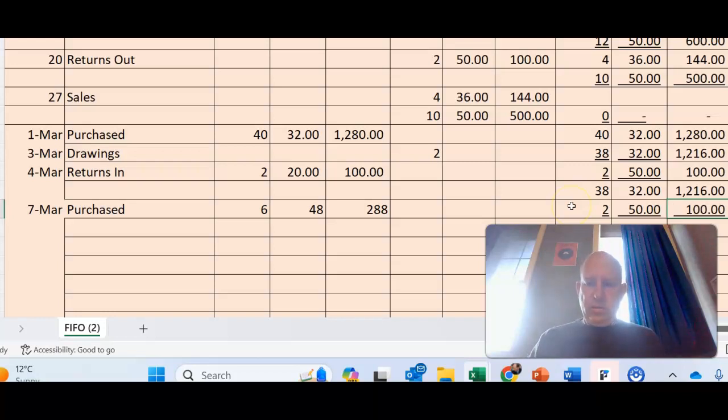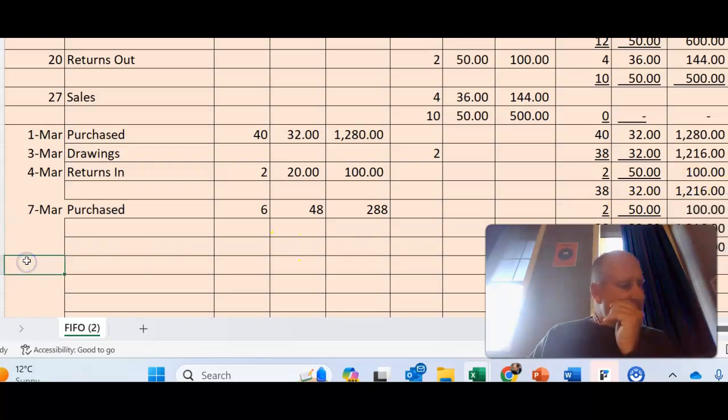We've got 38 at $32, and we've got 6 at $48. That was on the 7th.